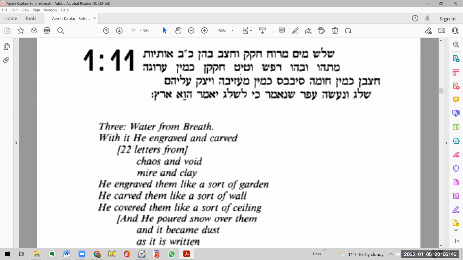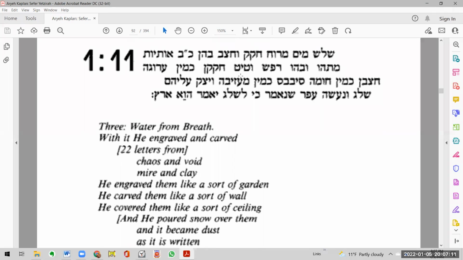Chakakan. This is all completely not understood until we go into the explanation. It's very mystical and very hard to understand without proper explanation, but we'll get to that. Chakakan, he carved them out, or he set them in a carved manner. Kamin aruga, like a garden, sort of a garden bed.